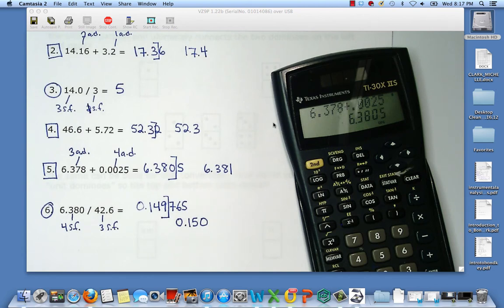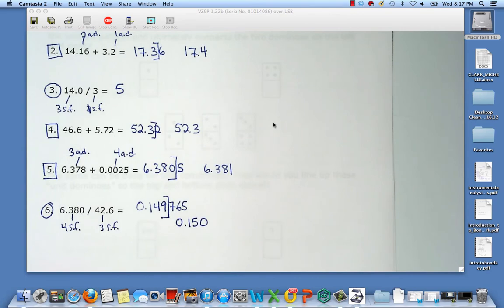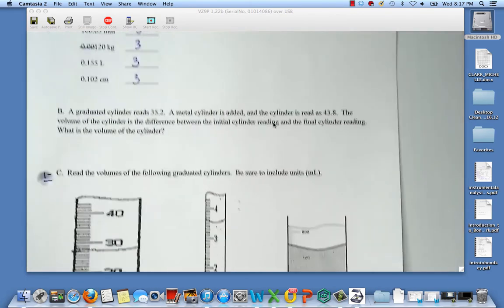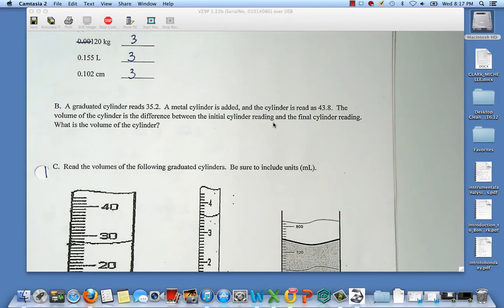On page 15, let's turn to page 15. So question B on page 15, this is where you have a graduated cylinder.